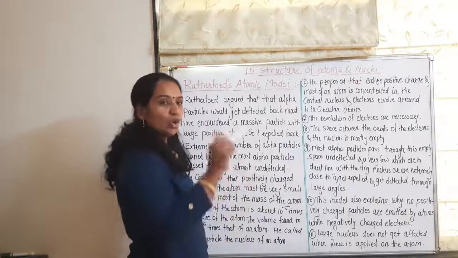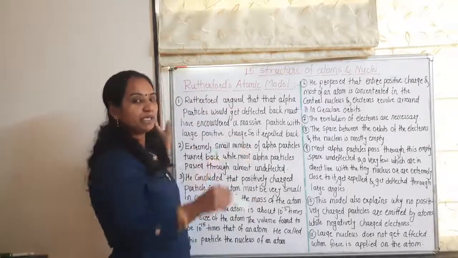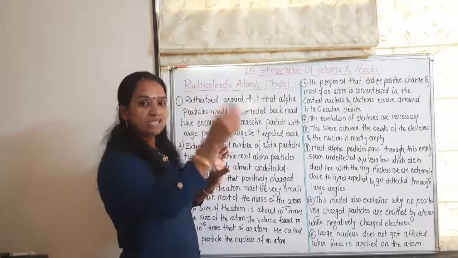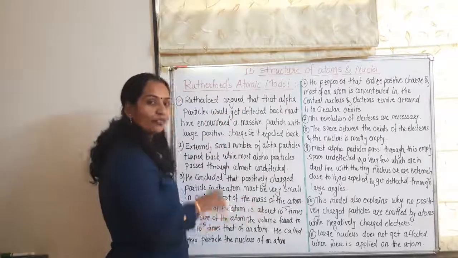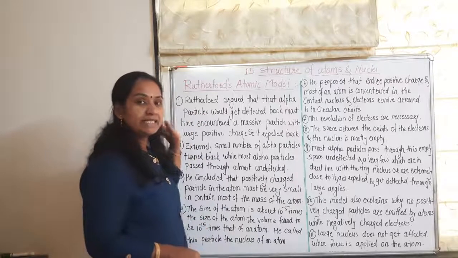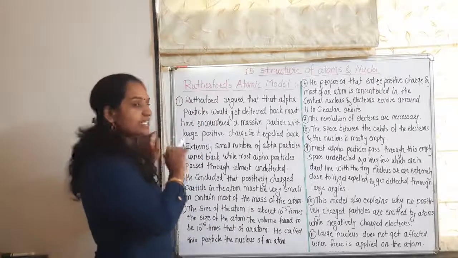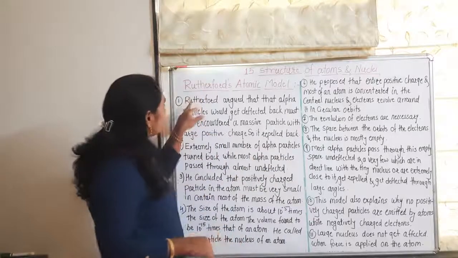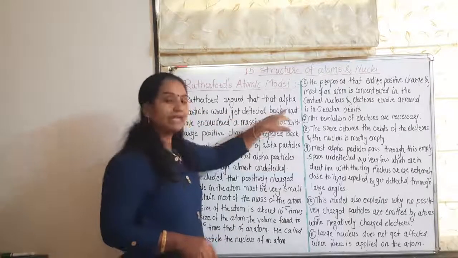Thomson says that the whole positive charge is entirely spread over the sphere of an atom, so the incident alpha particles would be deflected through very small angles. Then Rutherford argued that alpha particles would get deflected back.